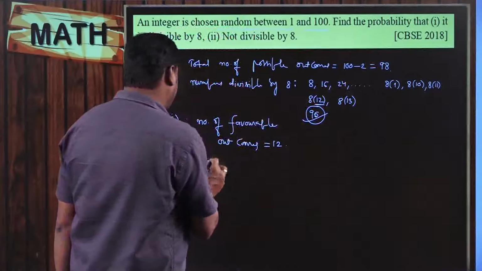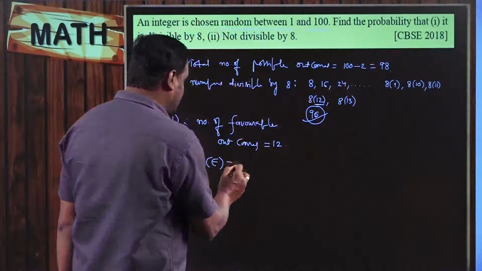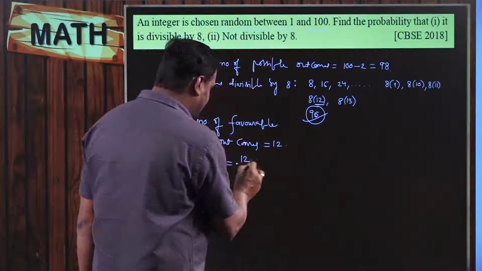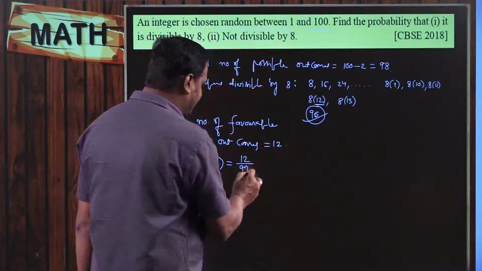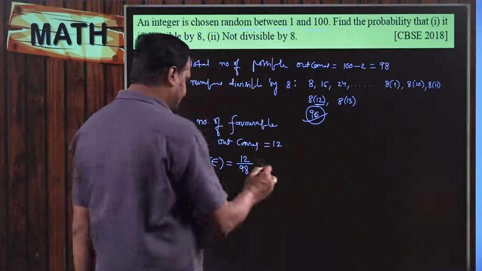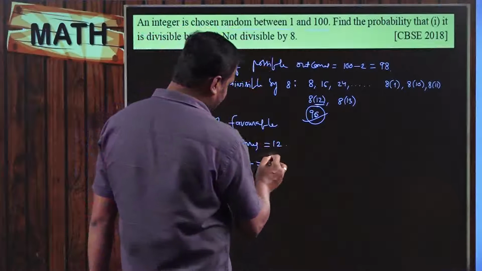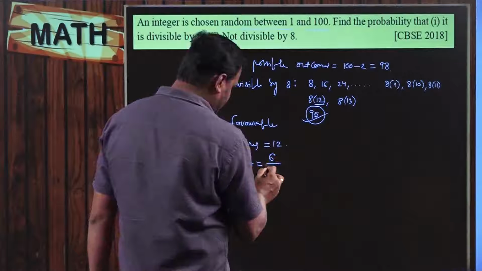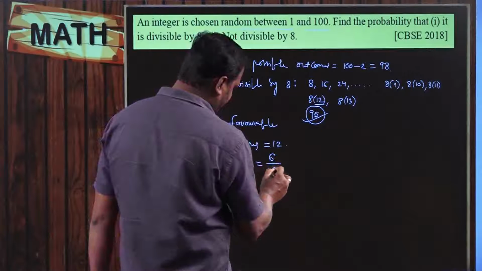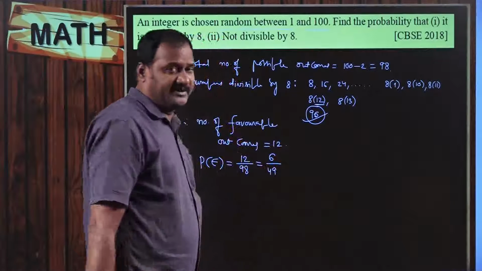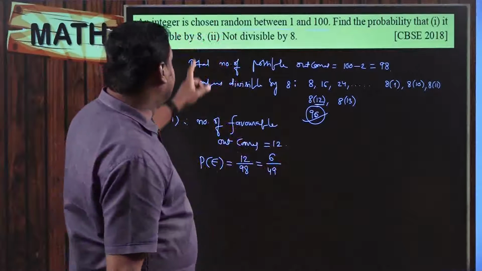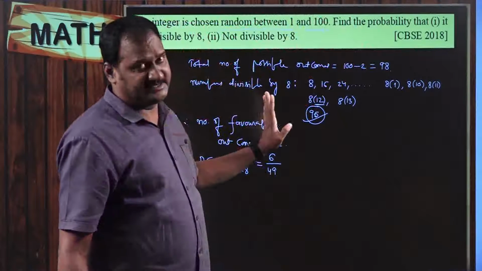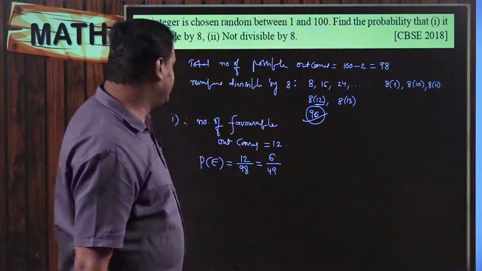Therefore probability of an event is equal to number of favorable outcomes, 12, divided by total number of outcomes, 98. So when you simplify this, 2 sixes are 12, 2 fours are 8, 2 nines are 18. So 6 divided by 49 is the probability that it will be divisible by 8.